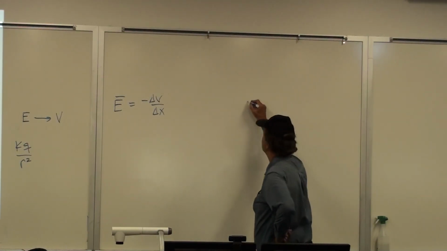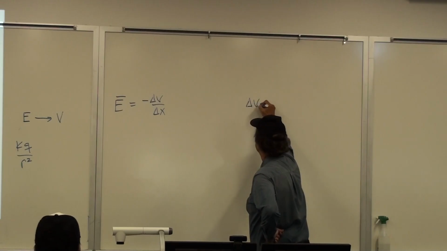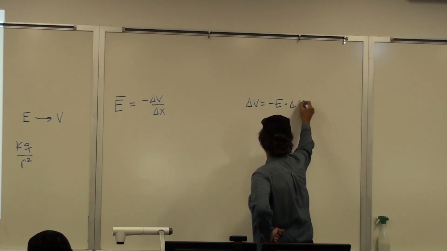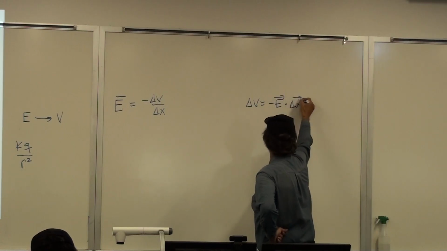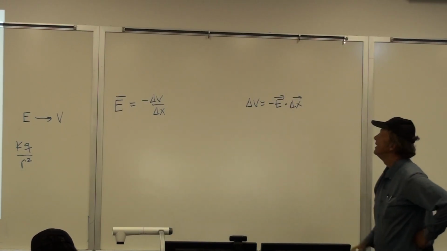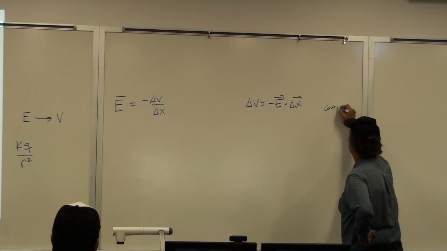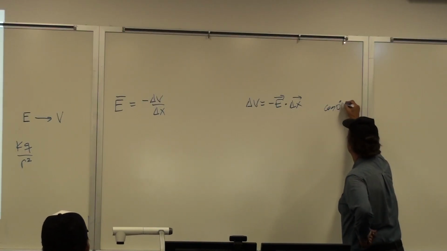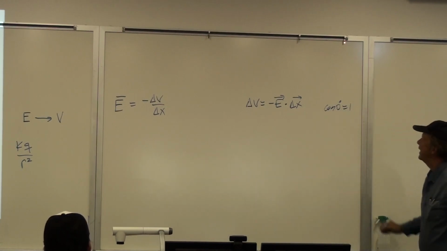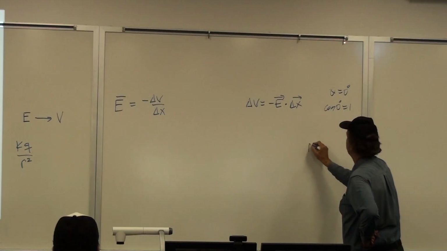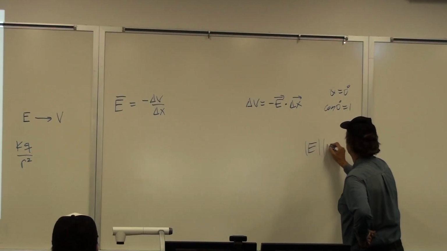That's just a restatement of delta V equals minus E dot delta x. If E and delta x are in the same direction, then the cosine of 0 degrees is equal to 1, so the angle theta is 0 between them. Remember, dot product is E times delta x times the cosine of theta.